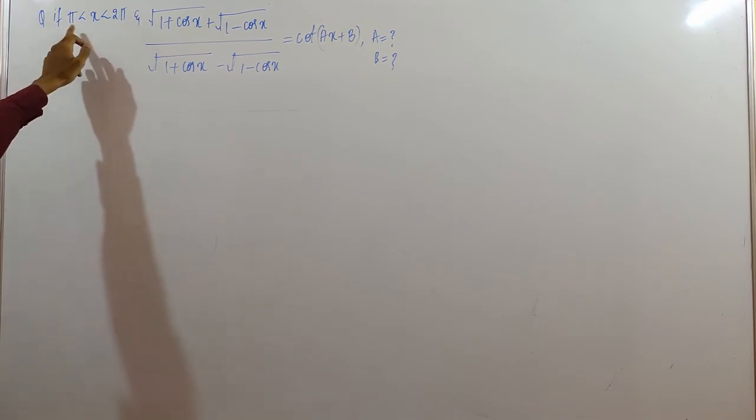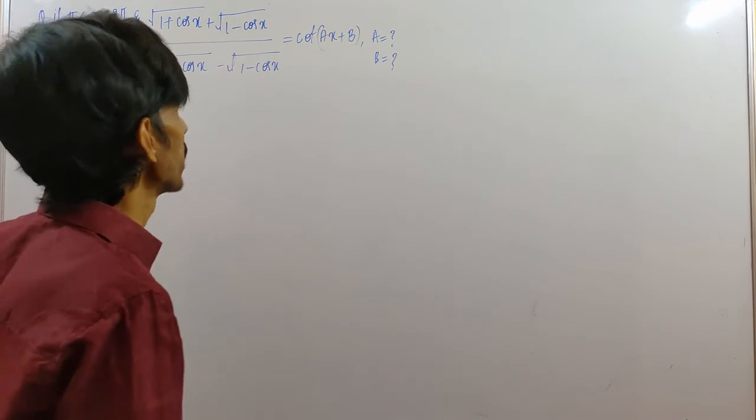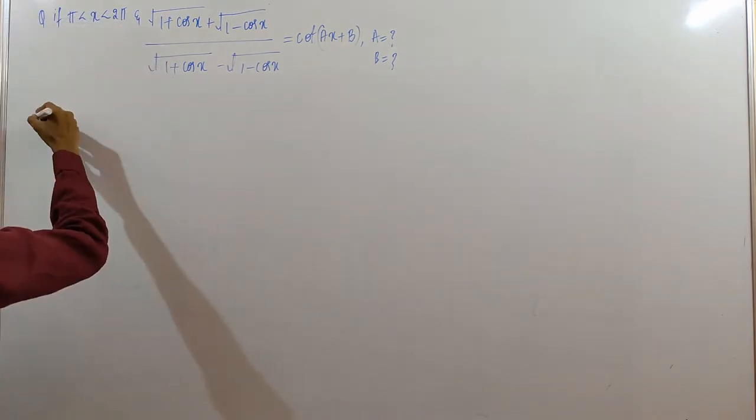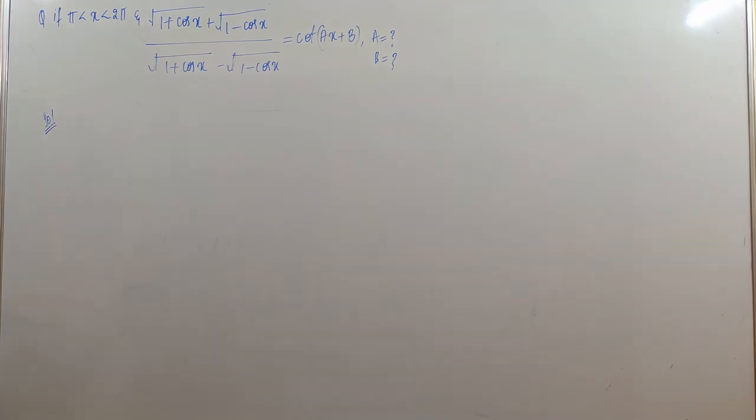Given x lies between pi and 2 pi, and this value is cot(ax plus b), then find a and b. Solution: 1 plus cos x formula.